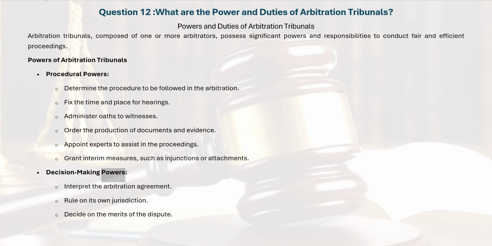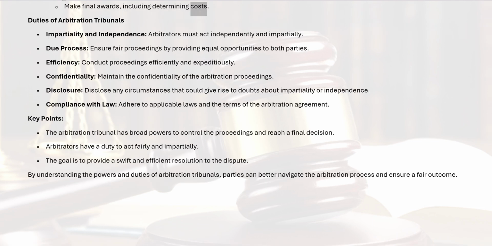Decision-making powers. Interpret the arbitration agreement. Rule on its own jurisdiction. Decide on the merits of the dispute. Make final awards, including determining costs. Duties of arbitration tribunals. Impartiality and independence. Arbitrators must act independently and impartially. Due process.